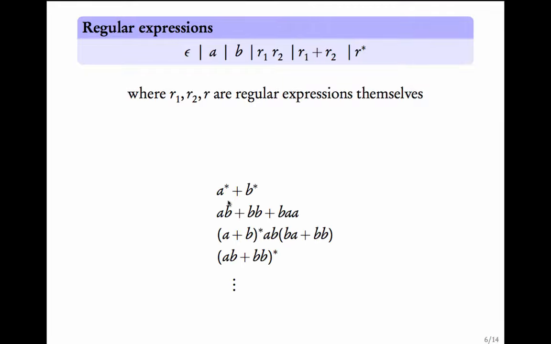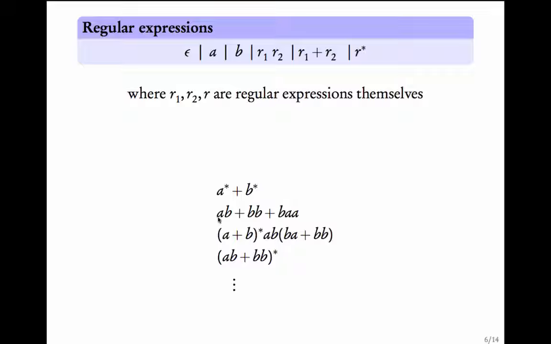Here are some examples. Why is this a regular expression? A is a regular expression, and if you have a regular expression, the star of it is also a regular expression, so A star is a regular expression. Similarly, B is a regular expression. From B you can form B star, so A star and B star are regular expressions. Now we know that if R1 and R2 are regular expressions, then R1 plus R2 is a regular expression, so A star plus B star is a regular expression.